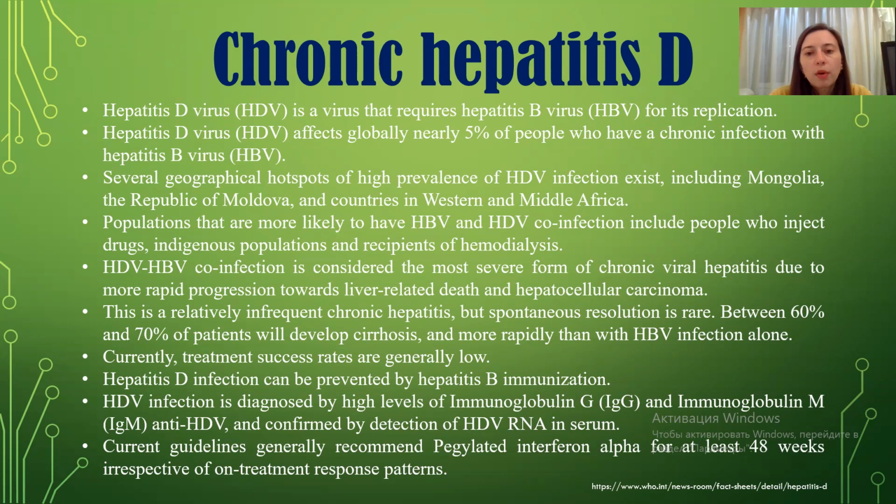Hotspots of high prevalence of HDV infection exist, including Mongolia, the Republic of Moldova, and countries in Western and Middle Africa. Populations that are more likely to have HBV and HDV co-infection include people who inject drugs, indigenous population, and recipients of hemodialysis.